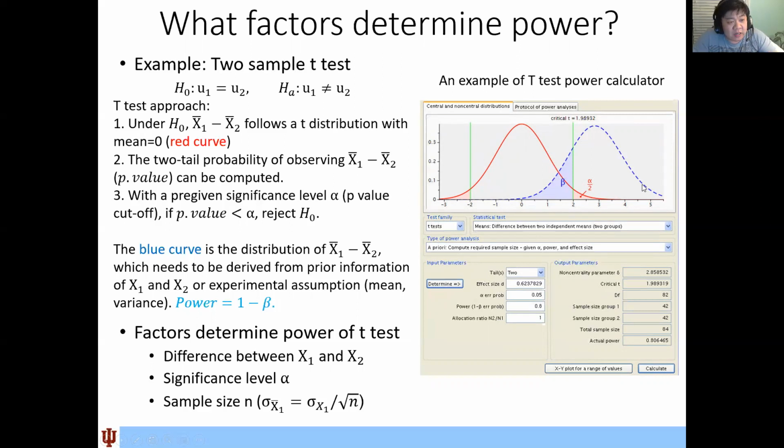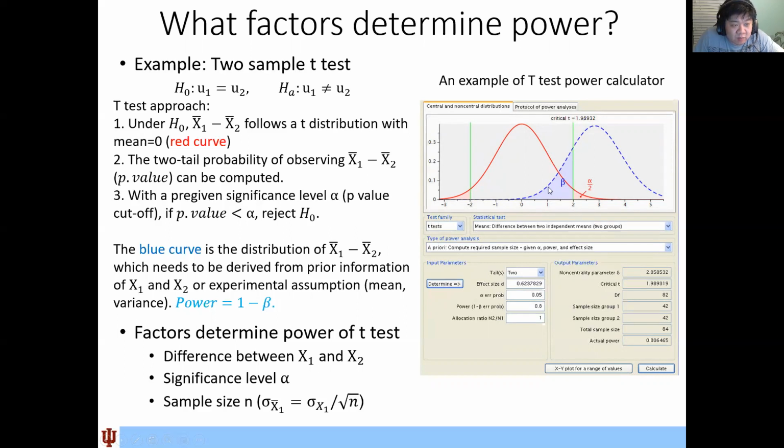And the blue curve is the alternative hypothesis. Based on our prior knowledge, we derived the distribution of x1 bar minus x2 bar. With alpha as the significance cutoff, if the value of x1 bar minus x2 bar is on the right side of this green line, we will reject H0.